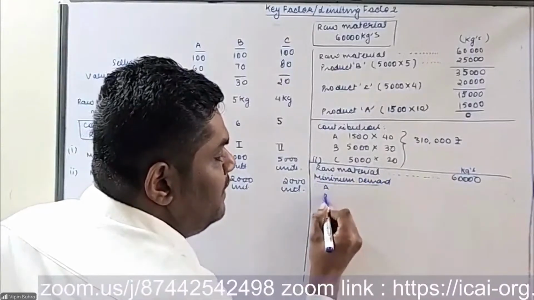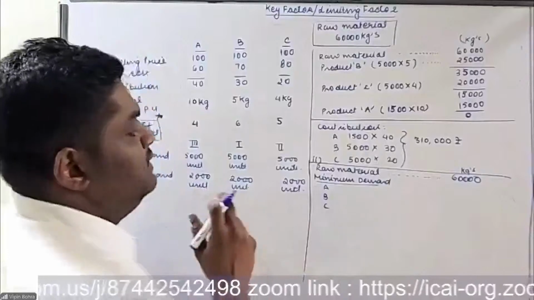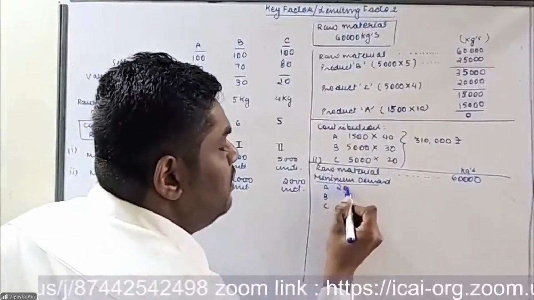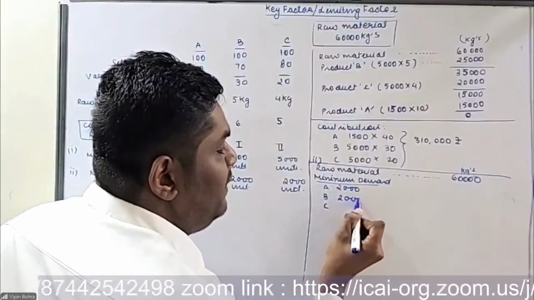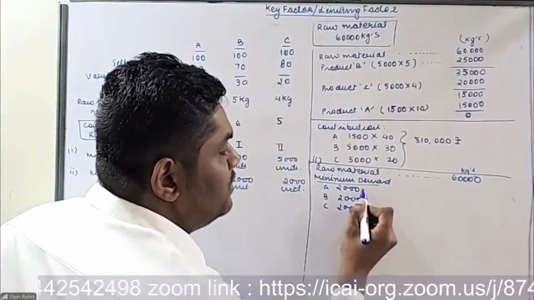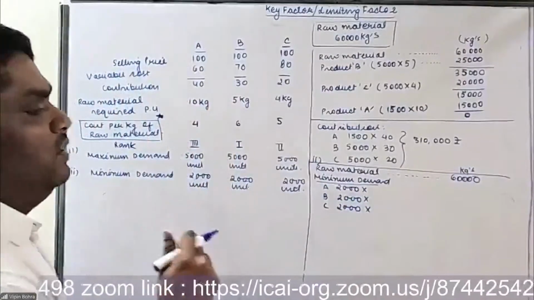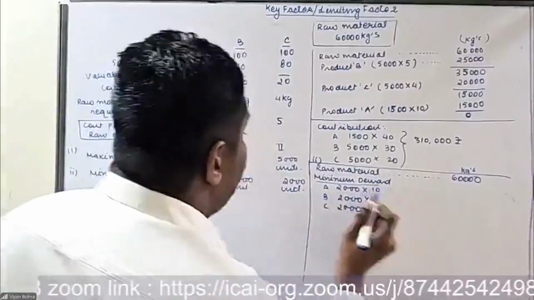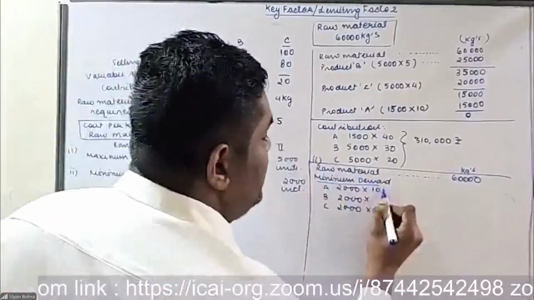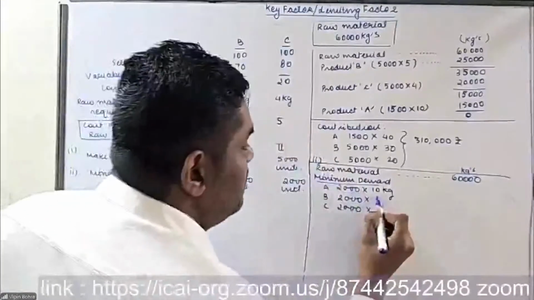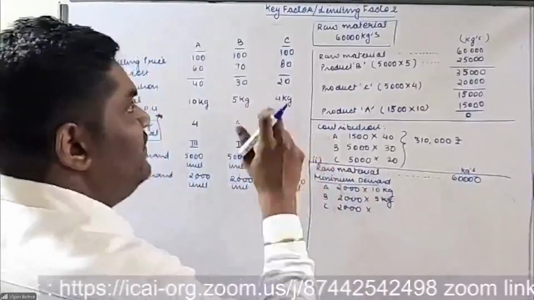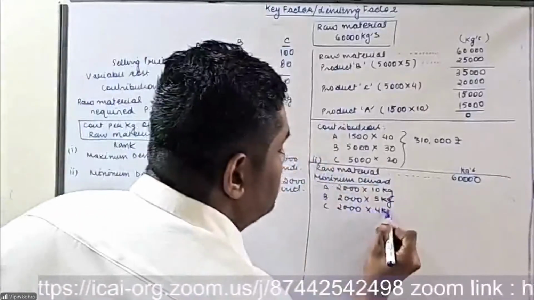That is A, B, and C. It is 2000, 2000, and 2000. So we have to manufacture 2000, 2000, and 2000 for all three. To manufacture A, we require 10 kgs. To manufacture B, we require 5 kgs. To manufacture C, we require 4 kgs.